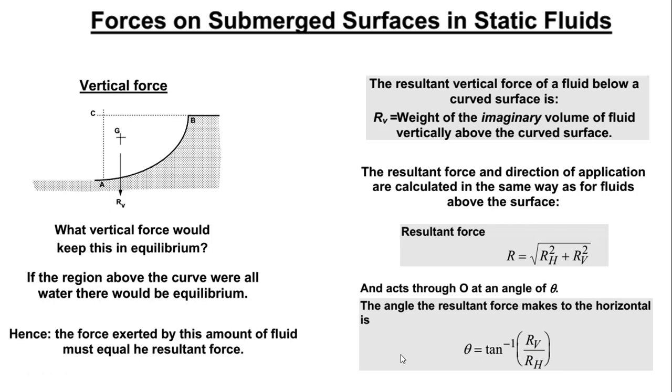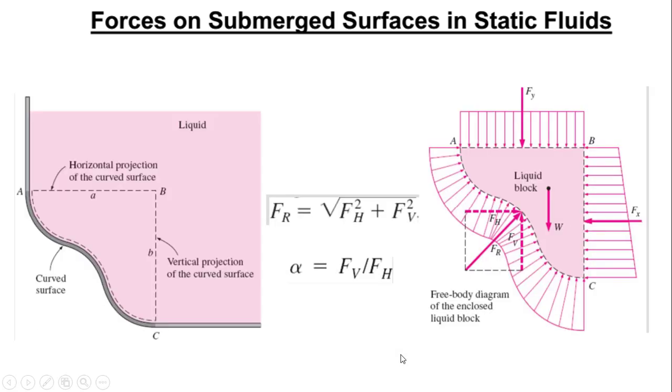Okay, let's summarize everything that you have learned today from this diagram. Point A to B is a horizontally submerged plane.